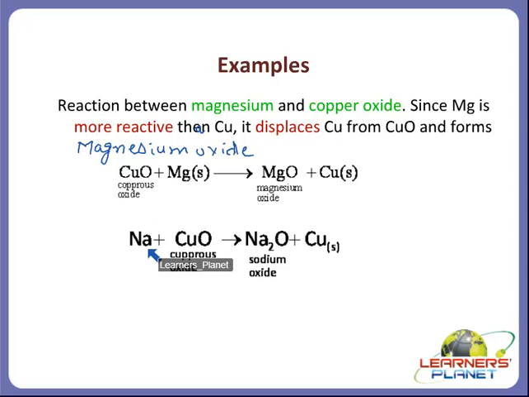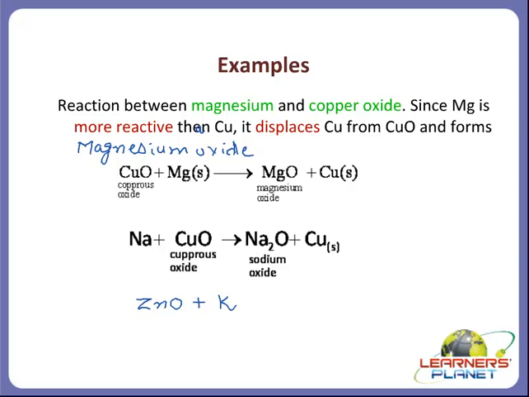Similarly, sodium is again a reactive metal. It will also react with copper oxide, forming sodium oxide and copper solid. I can also take zinc oxide reacting with a very reactive metal, potassium.